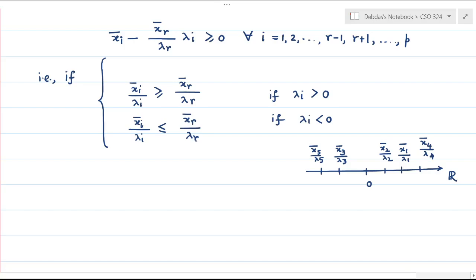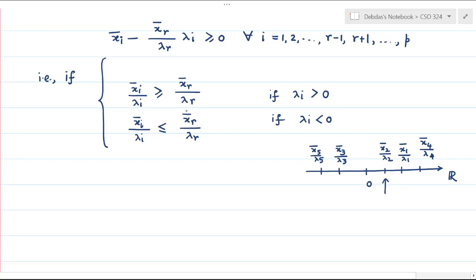And now you have to choose r in such a way that x r bar divided by lambda r is less than or equal to xi bar divided by lambda I for all I such that lambda I is greater than 0. Fine. You have to be smaller than all the positive quantities. So you can choose this as your x r bar divided by lambda r.